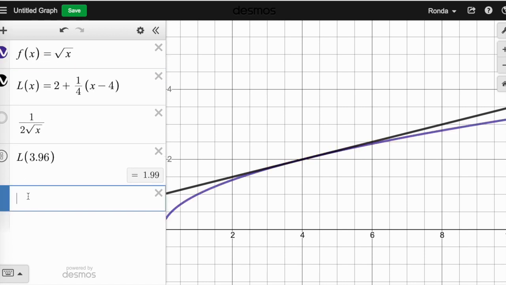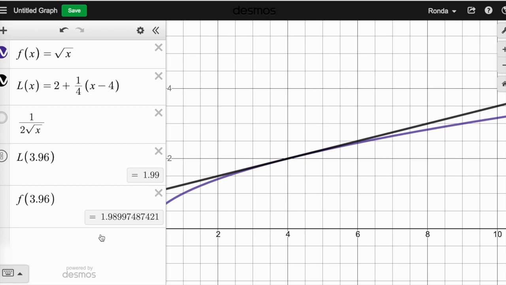Okay, so then the real f of 3.96 is 1.98, and we got 1.99. So it's a solid approximation, right? They share at least the 1.9 in common. And actually the 1.98 would round to 1.99. So it's a fair approximation.